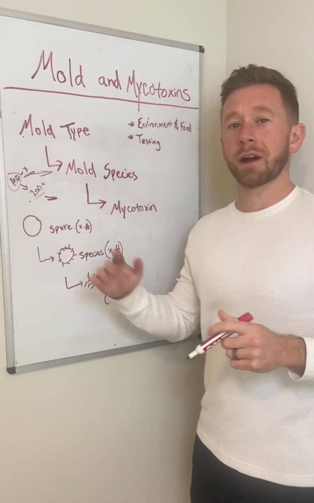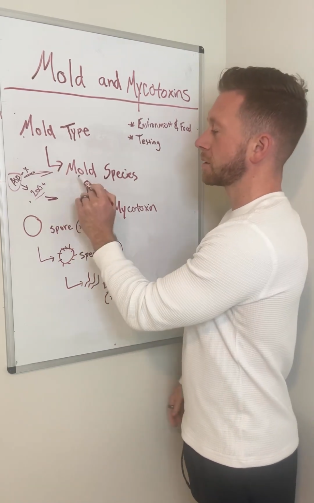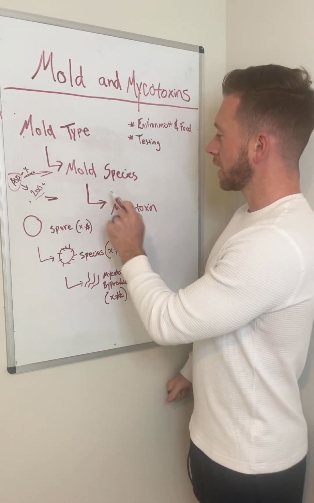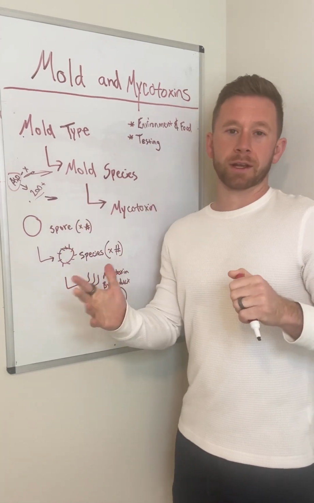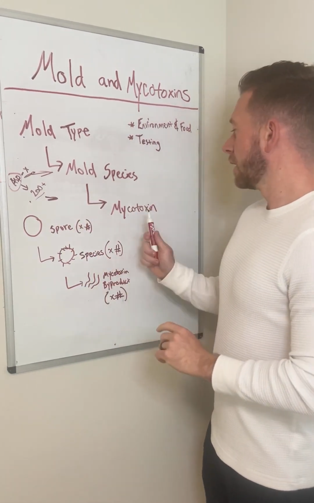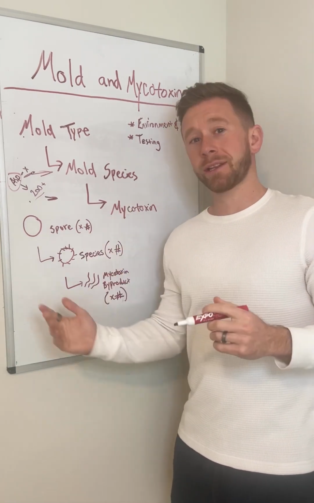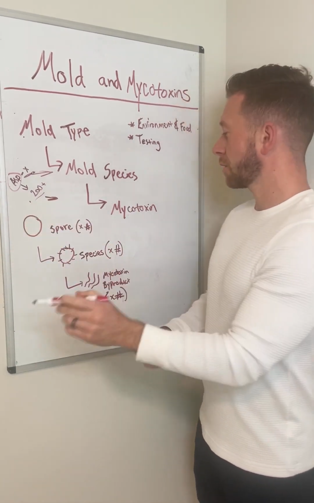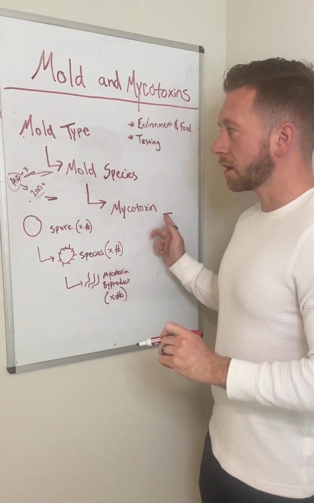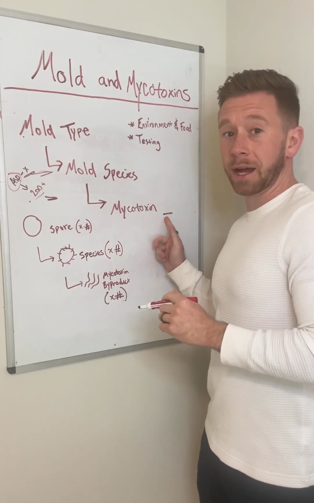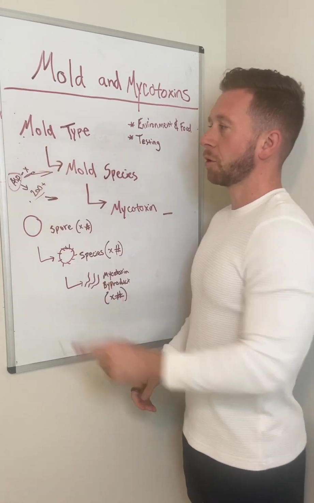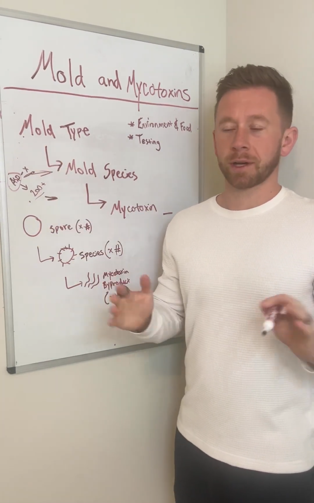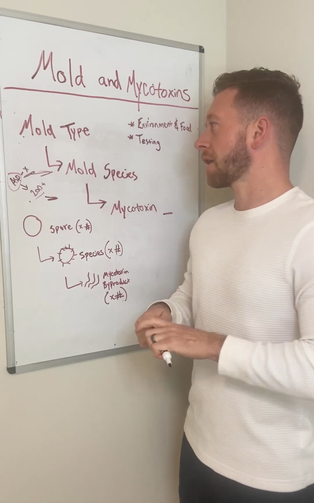The PCR analysis, like ERMI test, does the species type as well. Mycotoxin then is what the species byproduct is, that defense mechanism chemical byproduct is a mycotoxin, and that has a completely different name than all this. So when you're getting a mycotoxin panel in your body, it sometimes can correlate or be a complete connection to the mold type, but not always. It's a needle in a haystack trying to search for that specifically.